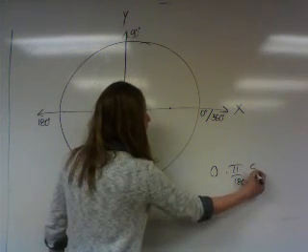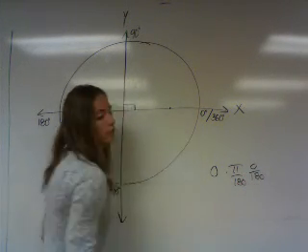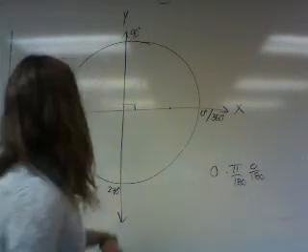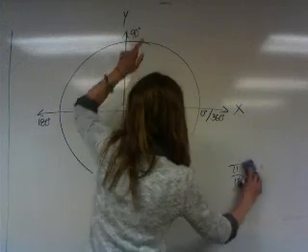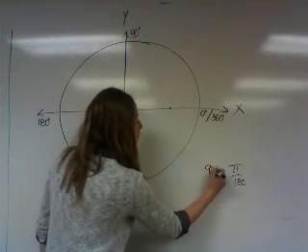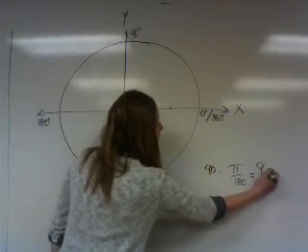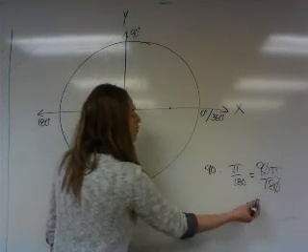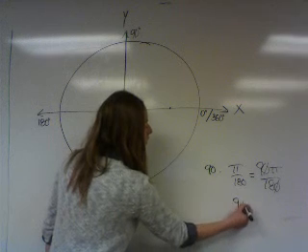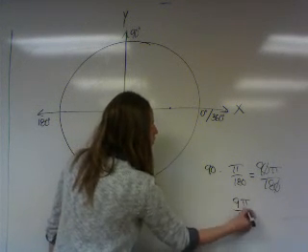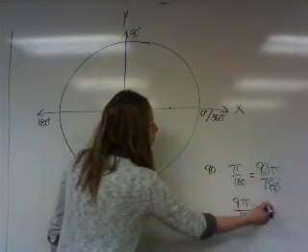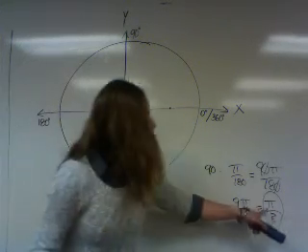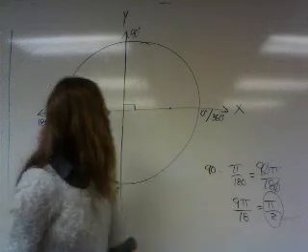Well, 0 times pi is just 0 divided by 180. You just get 0. So that means there's nothing yet. We're going to do the other one. So 90 times pi over 180. You get 90 pi over 180, and you reduce it. You should get 9 over 18 pi, which reduces to 1/2. So pi over 2. We don't always write the 1 over 2. We just write pi over 2.